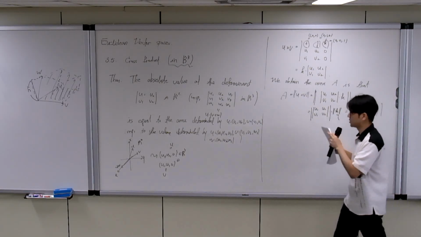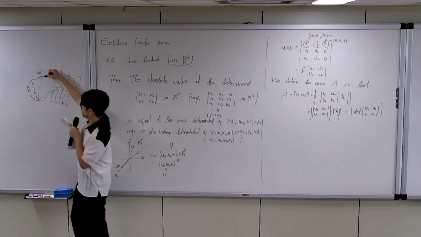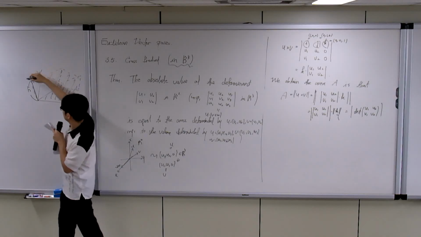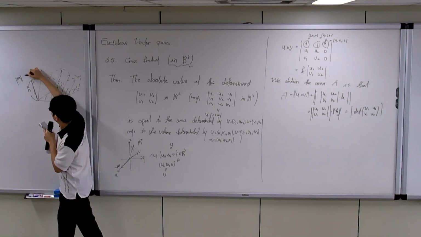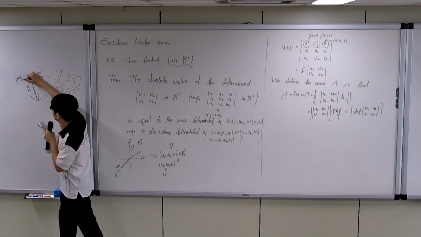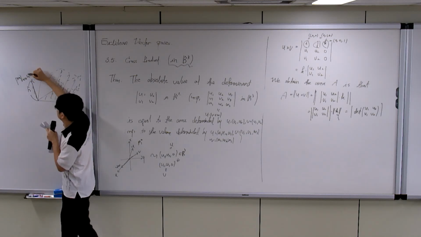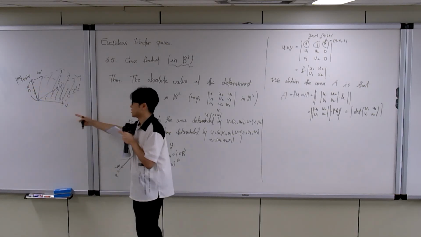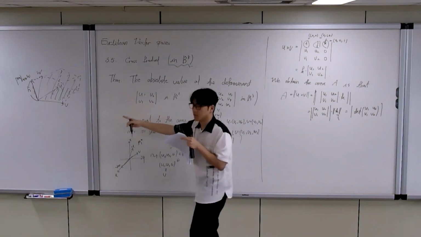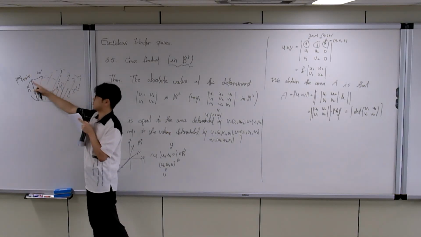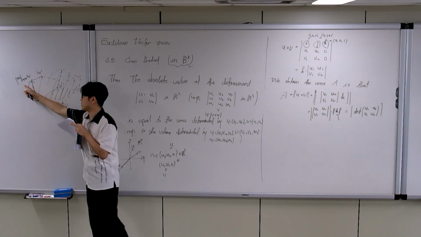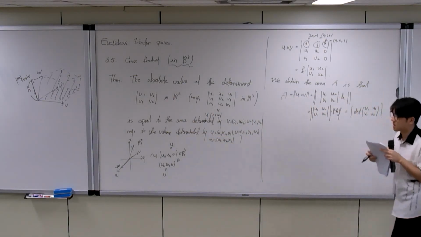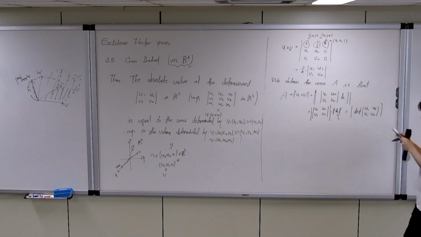In that sense, we might need to use the projection of W onto the vector U cross product V, because U cross product V is orthogonal to U and orthogonal to V. So by projecting W onto the vector U cross product V, its norm will give the height H.